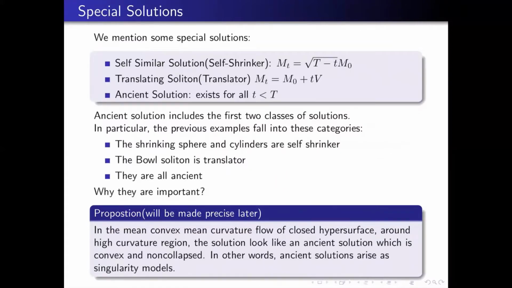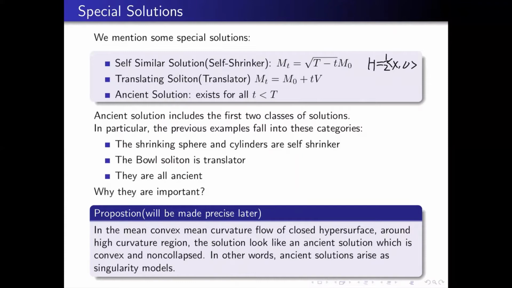Suppose that capital T is 1, then M0 actually satisfies this equation, H equals a half x dot nu, where x is the position vector and nu is the normal vector.